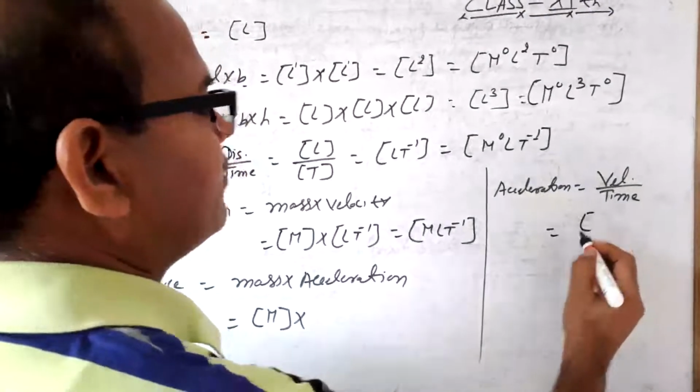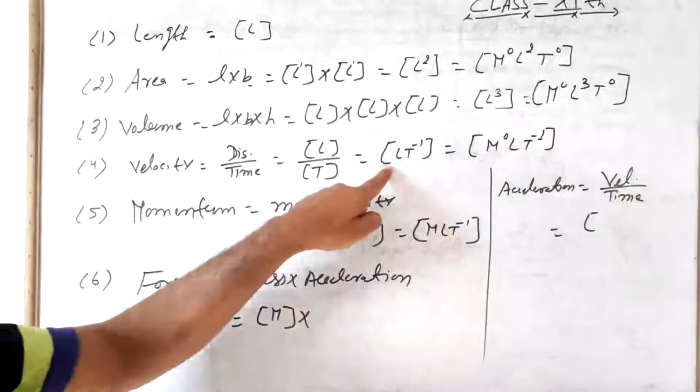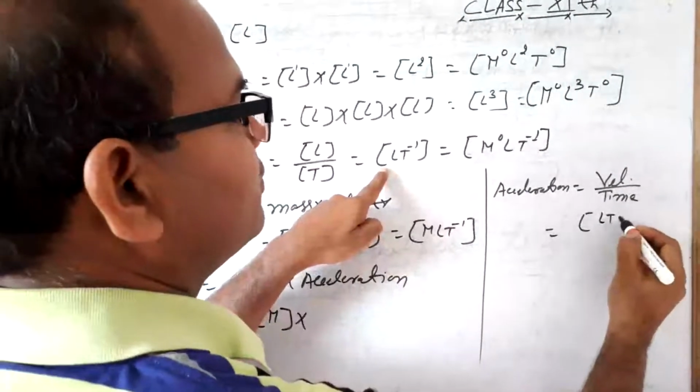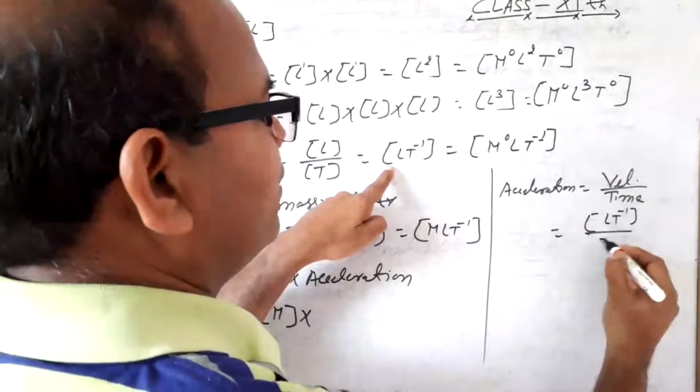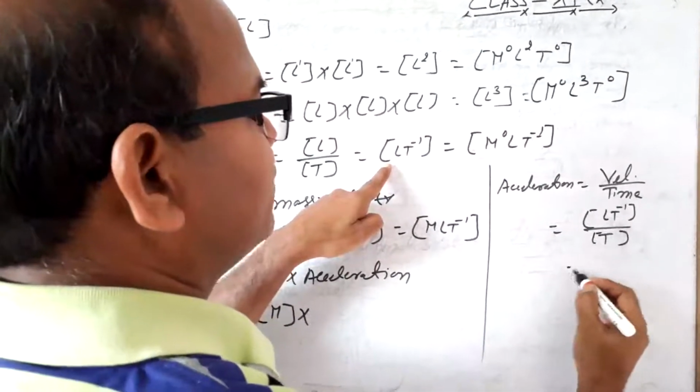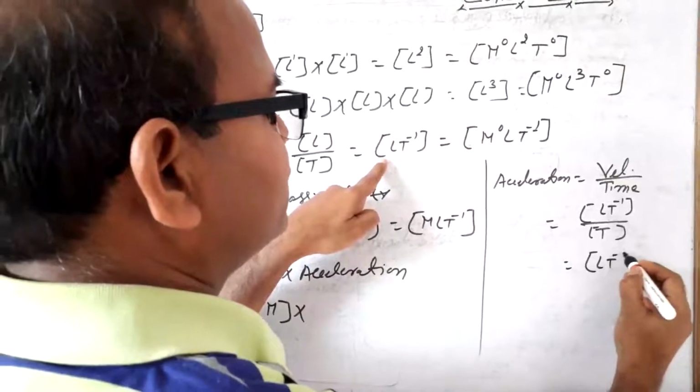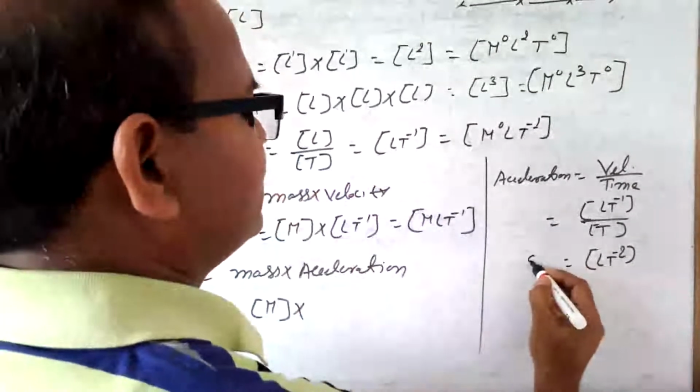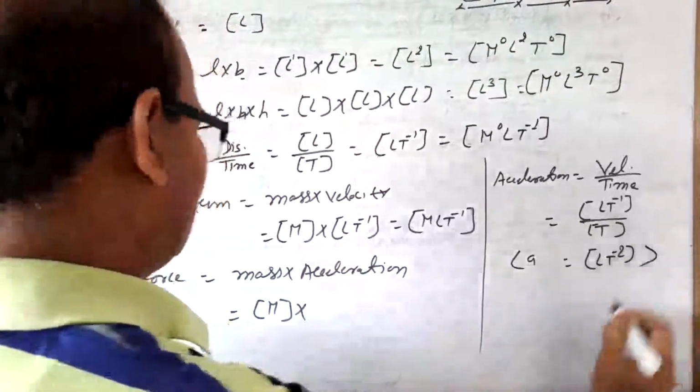Okay, what is the dimension formula of velocity? You know that it is L T inverse. Put this value, L T inverse upon T, it becomes L T inverse 2. This is the dimensional formula of the acceleration.